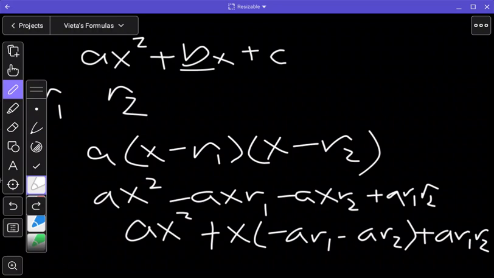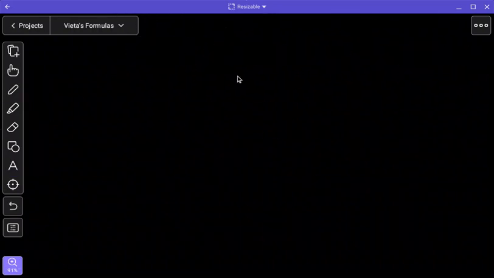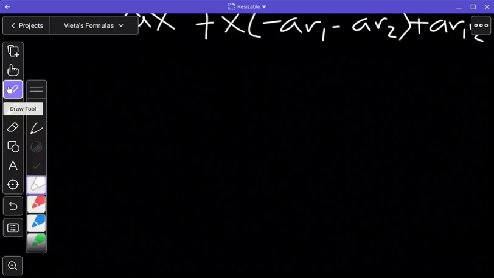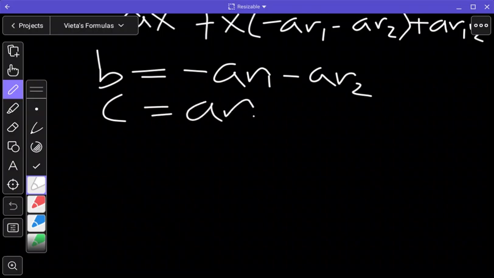And let's write that information down. Based on what we just said, b is equal to negative a r1 minus a r2, and c is equal to a r1 r2.